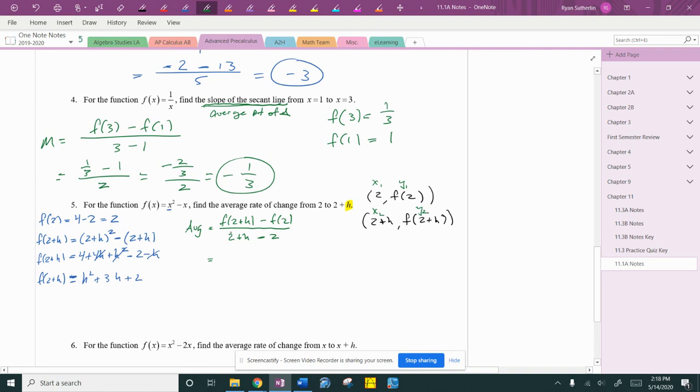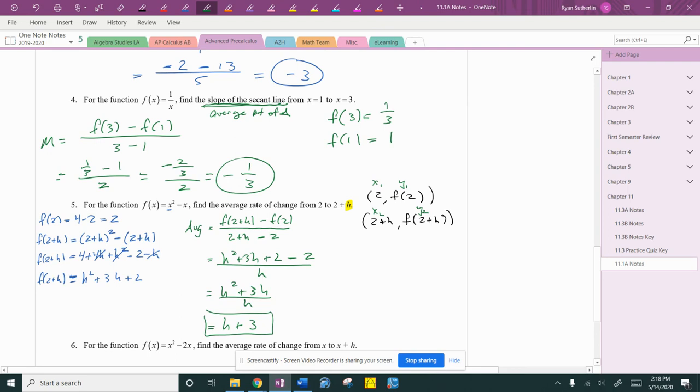So that gives me, we know f of 2 plus h, we already have, is h squared plus 3h plus 2, minus f of 2, which is 2. And the bottom all simplifies to be h. So now I have h squared plus 3h all over h. Everything has an h, so I get h plus 3.